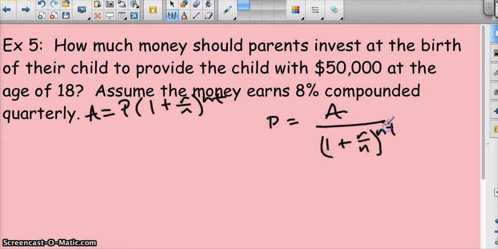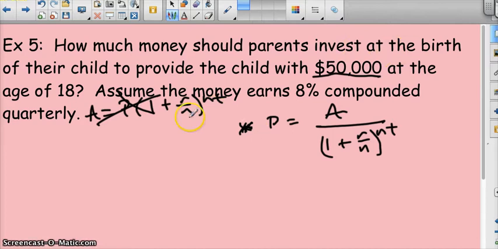Well, as I look at this situation and make that determination, I'm looking to see, do I know what I'm putting in or what I want to get out? And this says the amount of money is the amount of money they want in 18 years, or at the end of it. That's not what we're putting in, that's what we want to get out. Therefore, this one's out, and this guy's our winner. Once again, that's because we don't know what we're putting in. We know what we're getting out of the account.